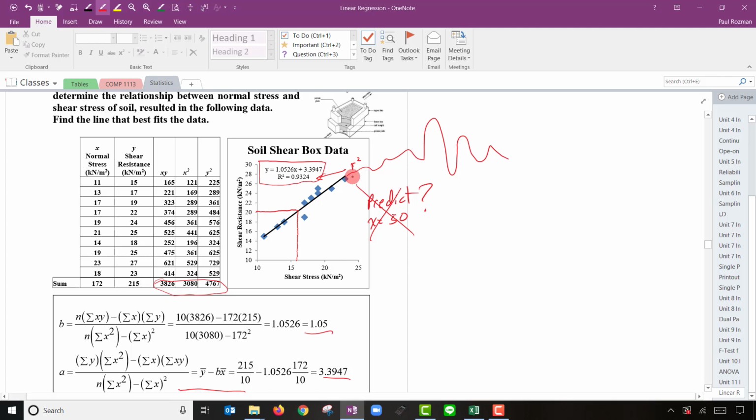So ideally you don't go outside the range of the values that you actually have, but if you don't have anything else, it's better than nothing. In fact, if you had absolutely nothing else, it might be the best you can do to predict a value out here at 50.